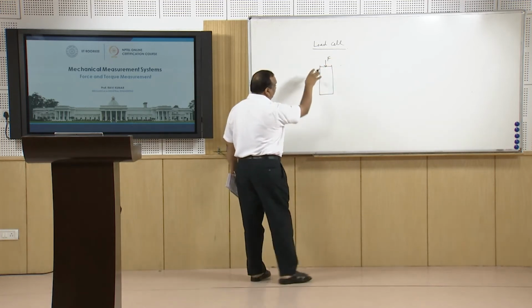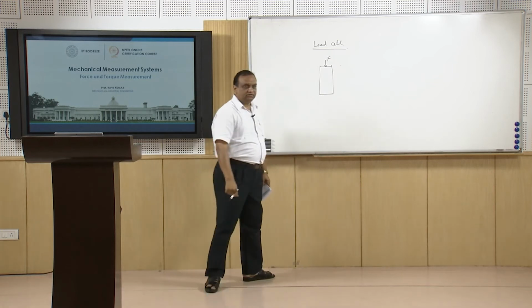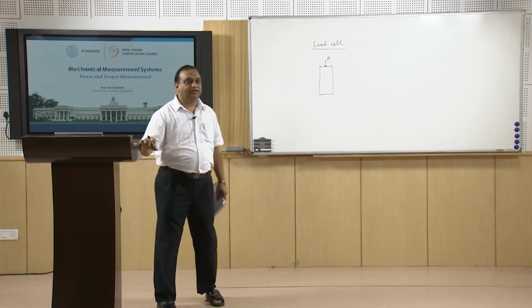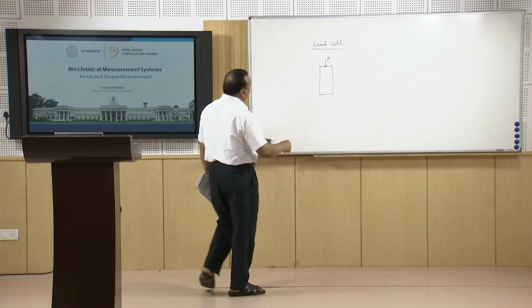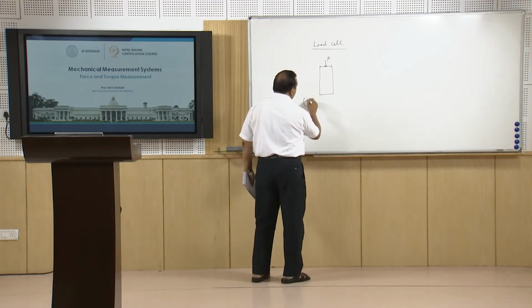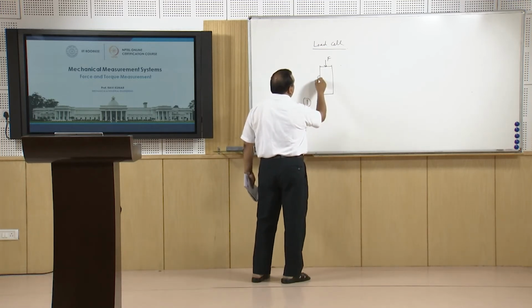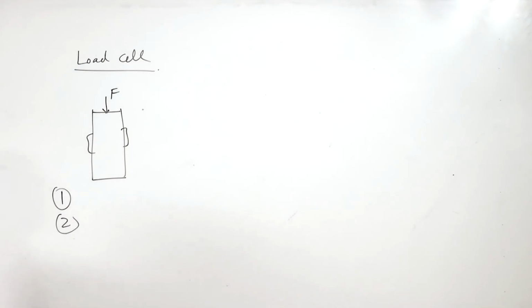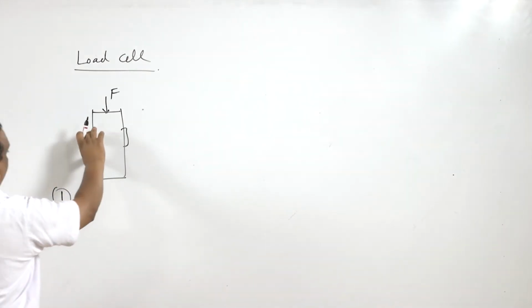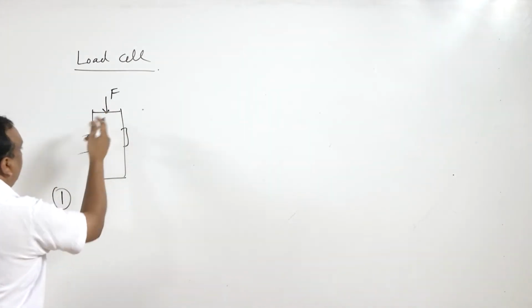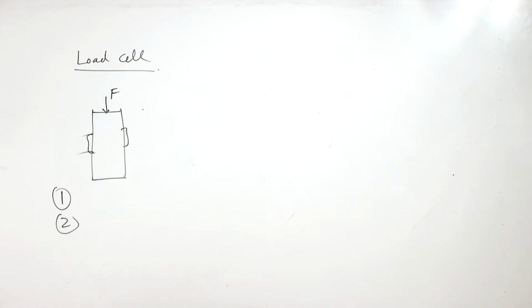The first one is increase in pressure due to application of force. Another way is strain developed in the column. Suppose there is a vertical column and force is applied. Whatever strain is developed in this column, if we are able to measure that, it will also help us in finding out the force applied on the column.